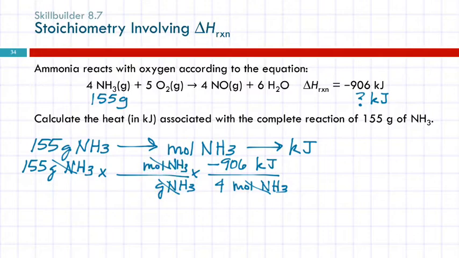This grams to moles, well, that's the molar mass of ammonia. We should be able to calculate that. And so then we get out our calculators. 155 divided by 17.034 times negative 906 divided by 4.